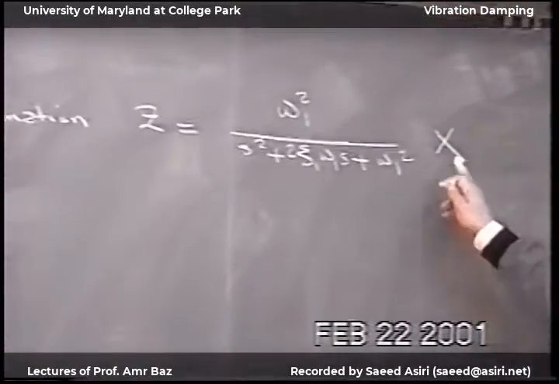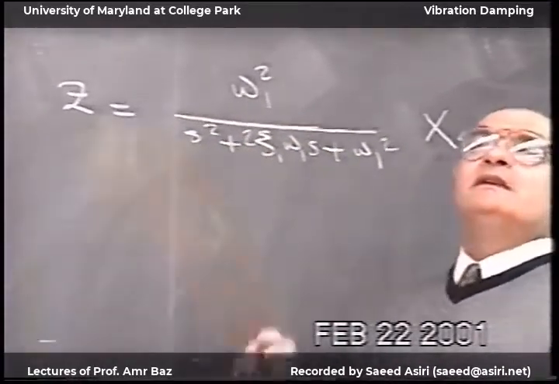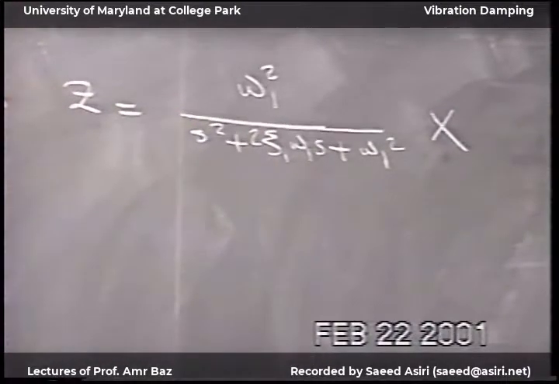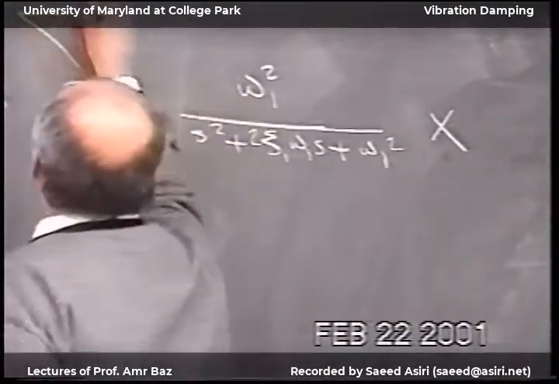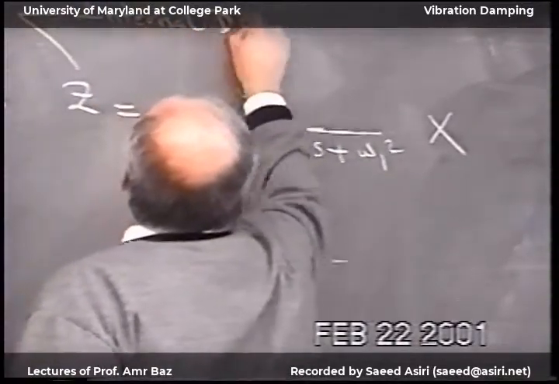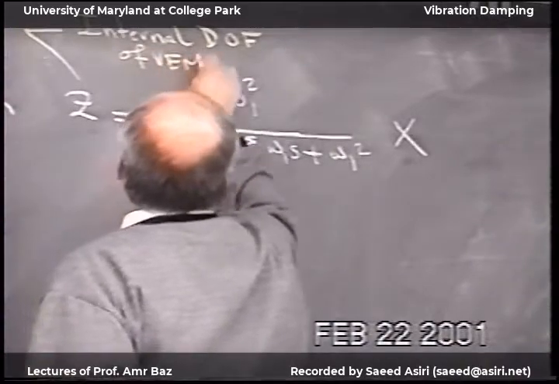This transformation relates the structural degrees of freedom to the internal degrees of freedom of the viscoelastic material. So this is the internal degrees of freedom of the viscoelastic material.